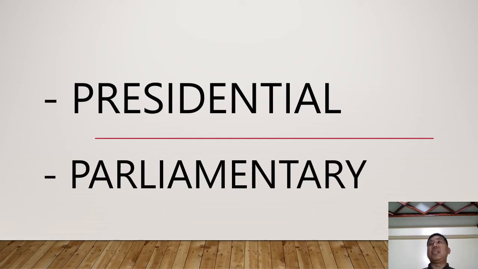Unlike in a presidential form of government, it's the people who elect the president, and therefore it's also the people who can remove the president. But in a parliamentary form of government, it is easy to choose a new prime minister, because only the members of the parliament elected by the people can remove the prime minister on a no confidence vote.